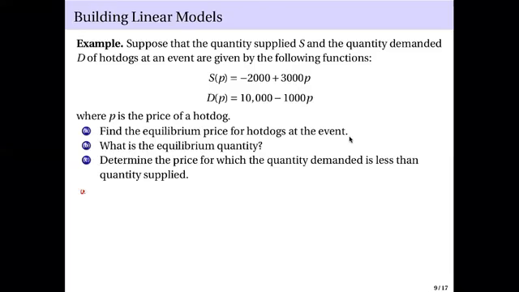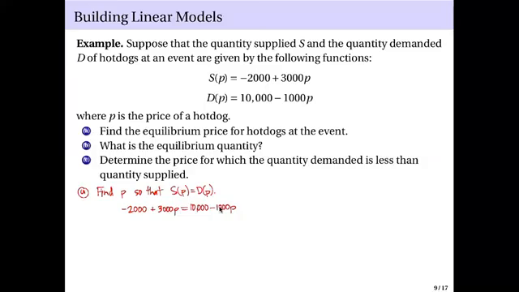So for letter A, equilibrium price, we need the P such that S of P equals D of P. S of P is negative 2,000 plus 3,000 P. This is equal to D of P, which is 10,000 minus 1,000 P.